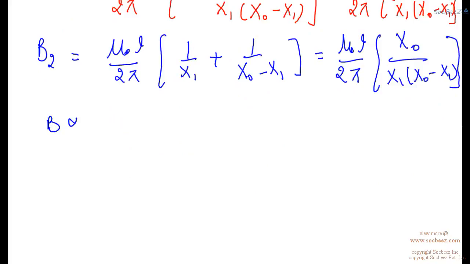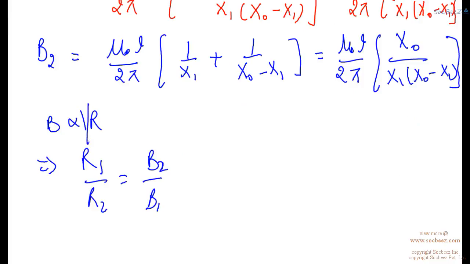Okay, and now since we know that B is directly proportional to R, therefore R1 upon R2 equals B2 upon B1. So B is inversely proportional to R. It is not directly proportional to R. So since B is inversely proportional to R, therefore R1 upon R2 equals B2 upon B1. So this is equal to x naught upon x naught minus 2x1.